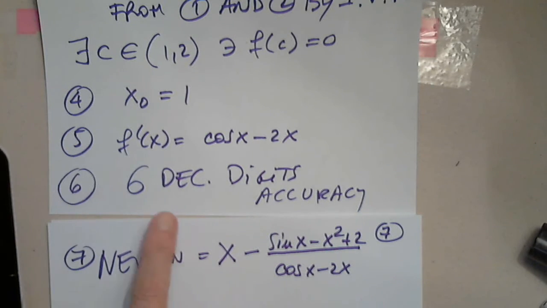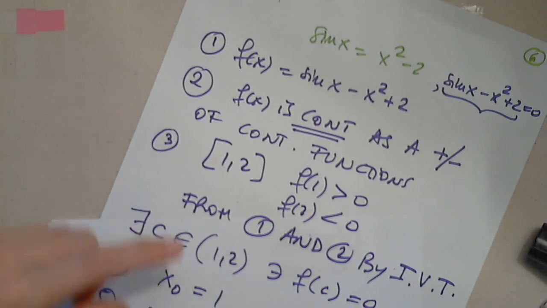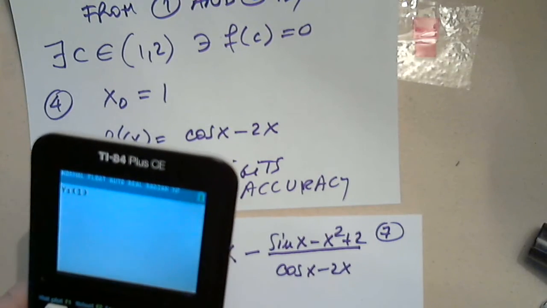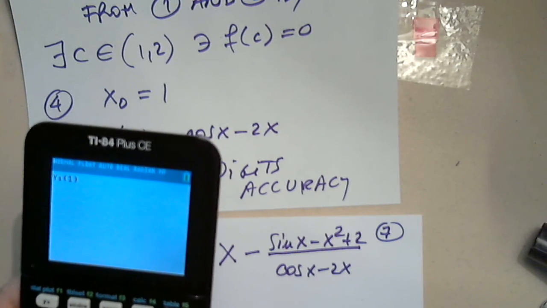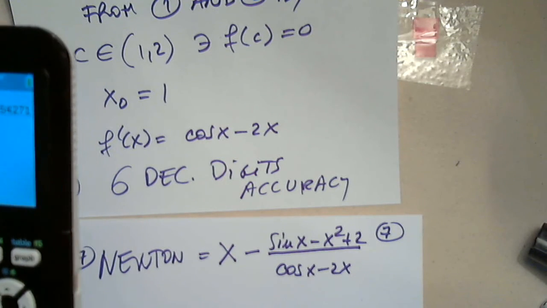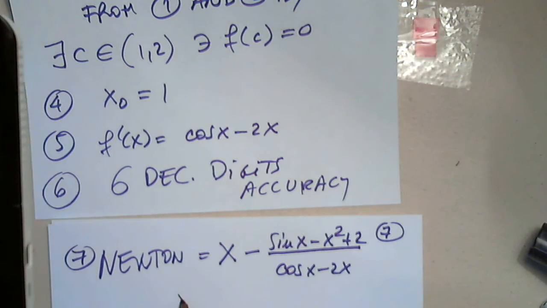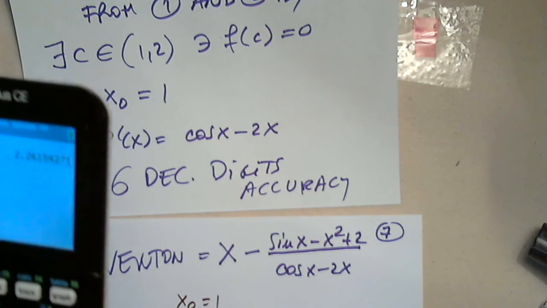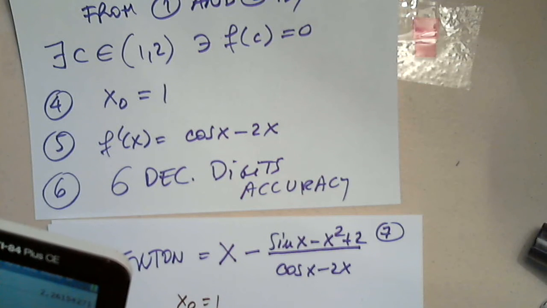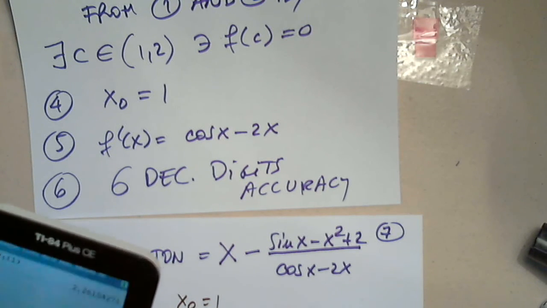And I'm going to put parentheses and plug in this number, that was my choice of x0. Press enter. And this is our first iteration. So x0 was 1 and x1 is 2.26154271.